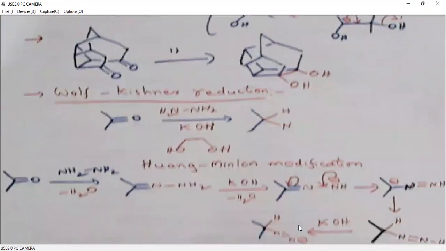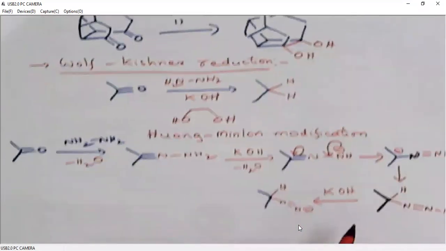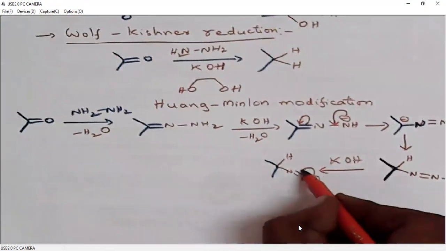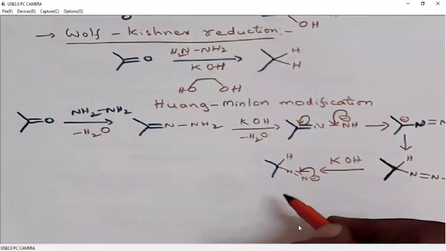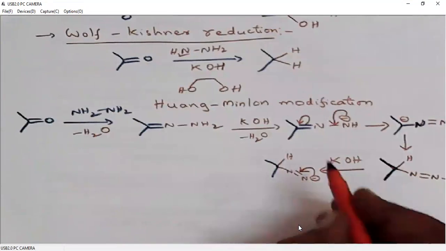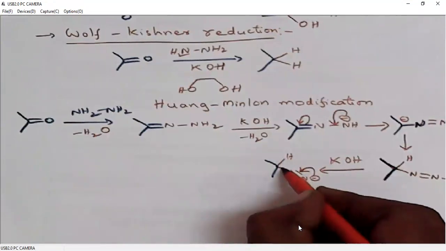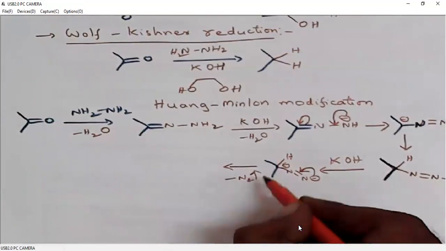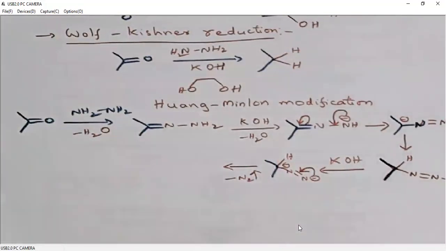A negative charge will be generated on nitrogen. So the negative charge will be polarized to generate a nitrogen-nitrogen triple bond. Nitrogen-nitrogen triple bond is a gas. So N2 gas will be escaping from the reaction mixture.